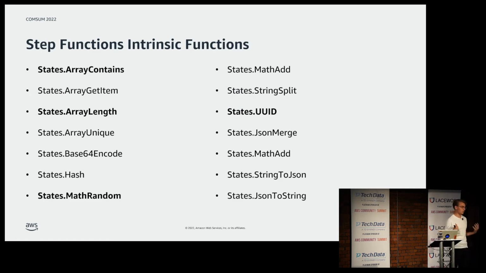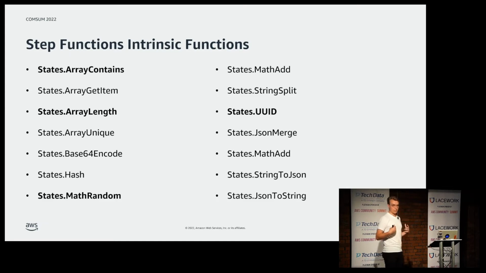The final part of Step Functions I want to touch on is the Step Functions intrinsic functions. Intrinsic functions allow you to perform different functions within your workflow. Things like checking the contents of an array, the length of an array, base64 encoding and decoding strings, generating hashes, random numbers, unique identifiers.